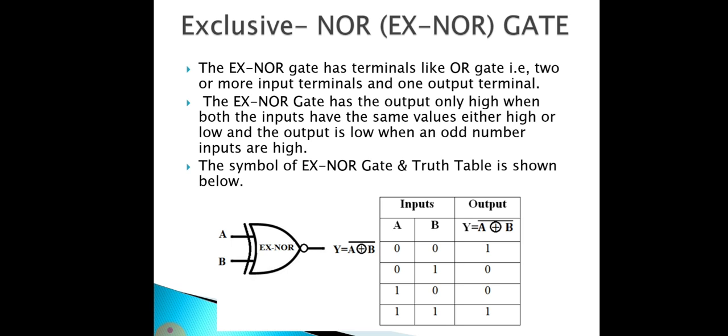The XNOR gate has the output high only when both the inputs have the same value, either high or low, and the output is low when an odd number of inputs are high. When both the values are the same at the input, the output will be high. For example, the first and last case as shown in the truth table.